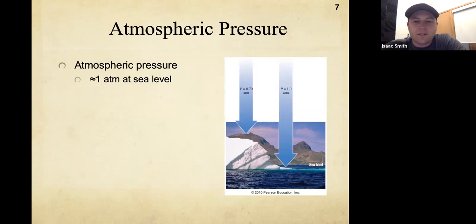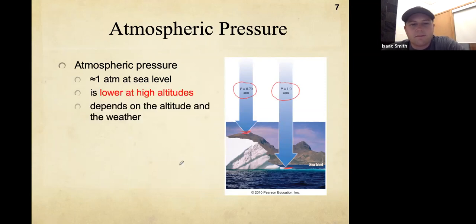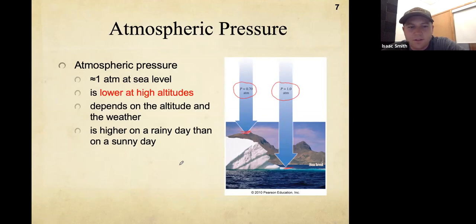So we have 1 atmosphere at sea level. So that'd be, let's see, down here, down at sea level. Up on the mountain, you can see that the pressure is less, and I just kind of talked about why that's true. Lower at high altitudes, it obviously depends on the altitude and the weather, and higher on a rainy day than a sunny day, probably because you've got more water in the air, more mass in the air, I guess.